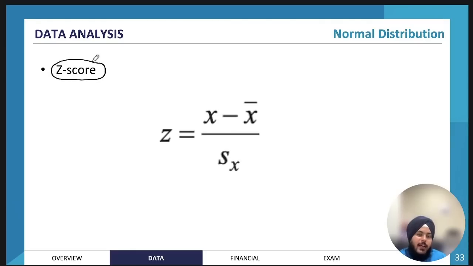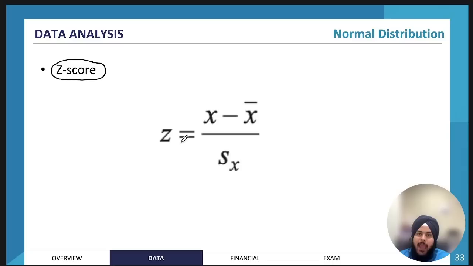What the z-score does is it standardizes the distribution. So let's just say you were, as opposed to oranges, looking at apples now, and the diameter of apples in a sample. Let's say we want to compare that to the diameter of oranges. So let's say we pick up an apple and an orange.